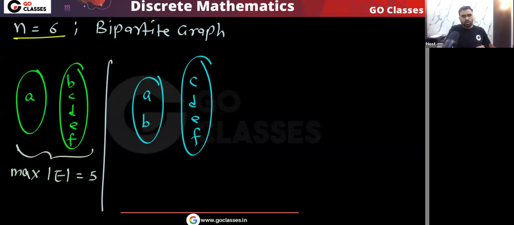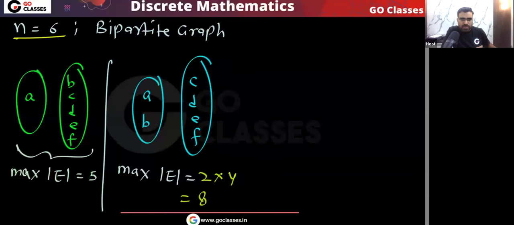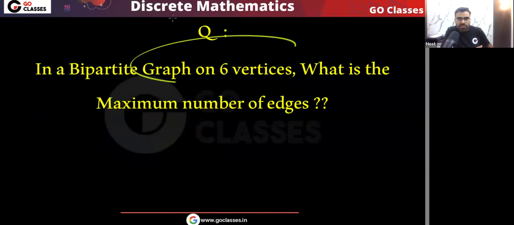Yes or no? So now you tell me, in this situation, what will be the maximum number of edges that I will get? That will be 2 into 4, that will be 8. So you can see definitely this is better than the previous situation, because remember the question says we have total 6 vertices.